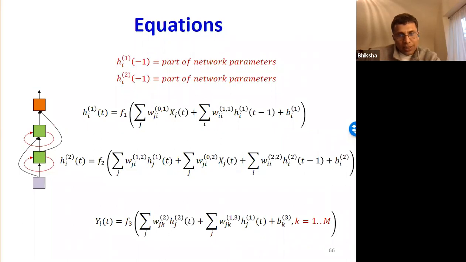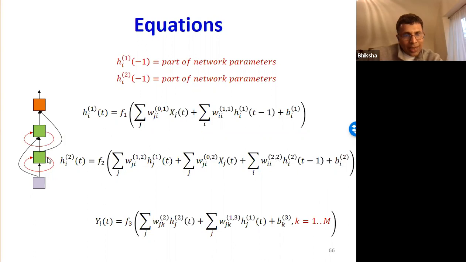Same thing here. This is slightly more complex, but it's the same thing. For the first hidden state, you compute an affine function of the input at the same time and the state itself at the previous time, and then you apply an activation. The second layer first computes an affine function of the first hidden layer at the same time, and because of this arrow over here, the input at the same time, and then finally, through this recurrent connection, the same layer at the previous time.